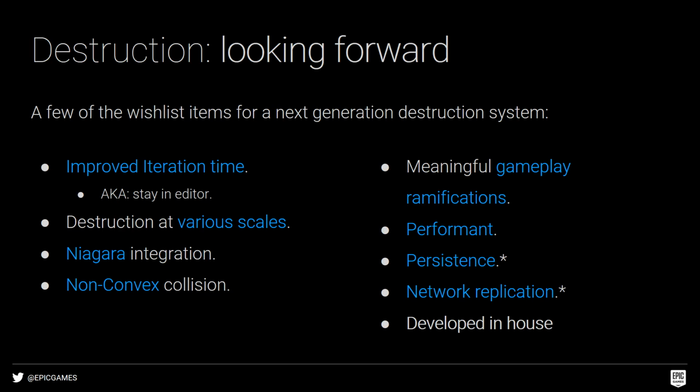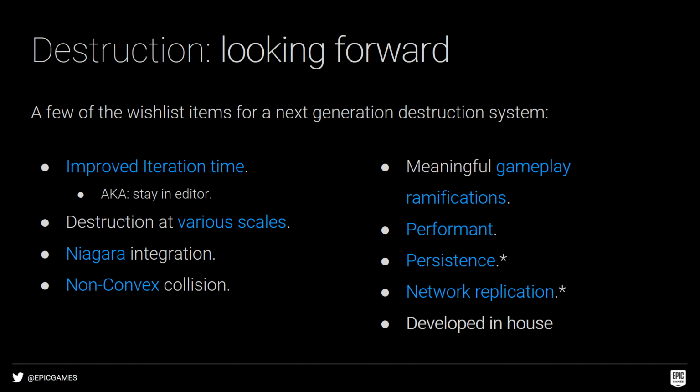So what did we want out of a new destruction system? Iteration time. We wanted to keep people within Unreal Engine at all times. That speeds up the loop faster and faster. Make a change, view it, make a change, view it. We wanted to support destruction at various scales, from human scale to building scale to entire city blocks. Niagara is our new particle system, and we wanted very tight integration with Niagara as well.